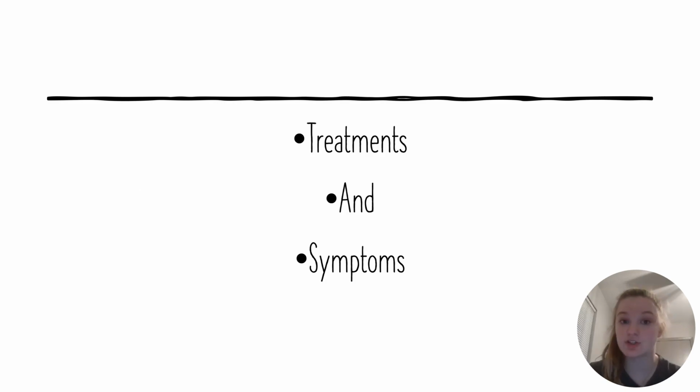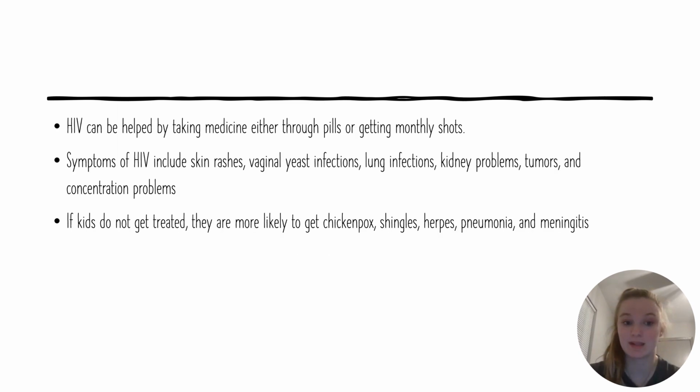Next, we're going to talk about the treatments and symptoms. HIV can be helped by taking medicine either through pills or getting monthly shots. Symptoms of HIV include skin rashes, yeast infections in your private parts, lung infections, kidney problems, tumors, and having a hard time concentrating.